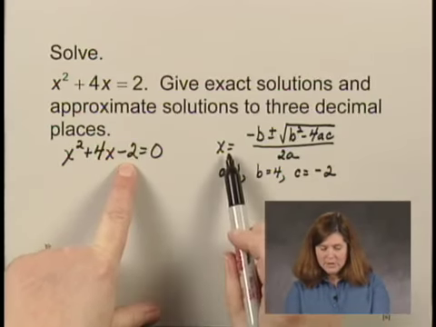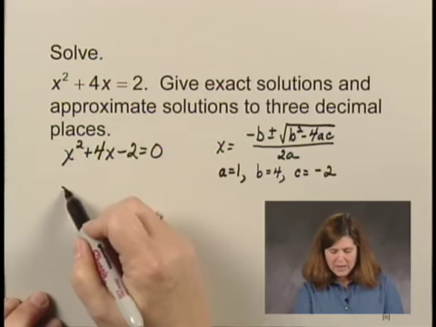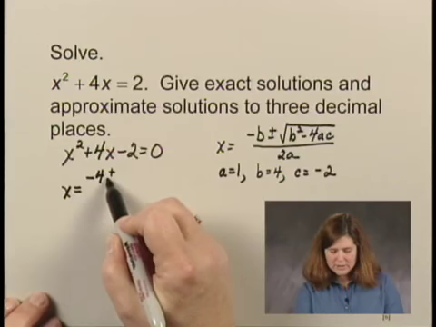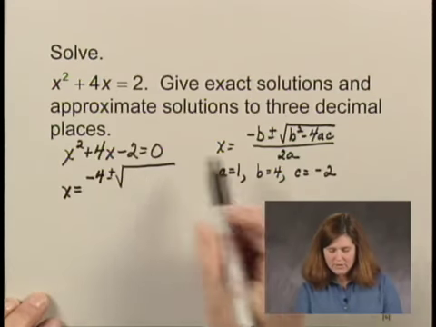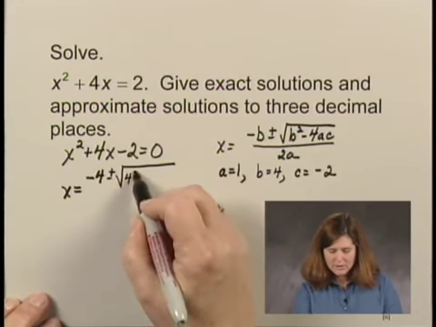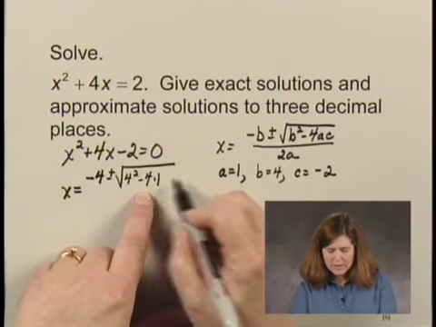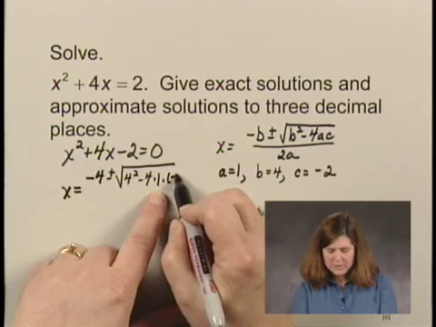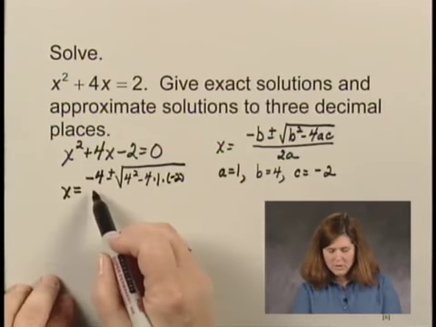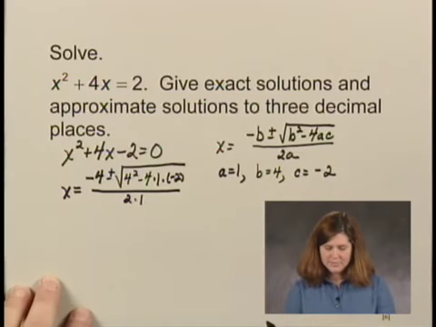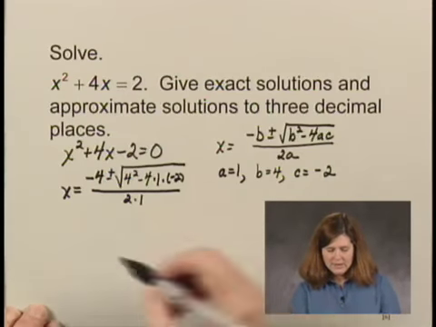So substituting, we have x equals the opposite of 4 plus or minus the square root of 4 squared minus 4 times 1 times negative 2 all over 2 times 1. Now let's simplify then.